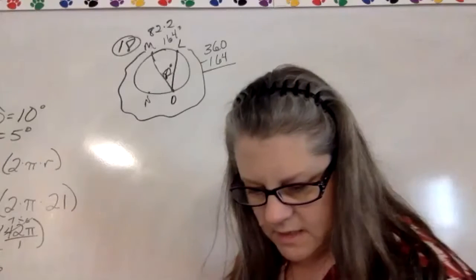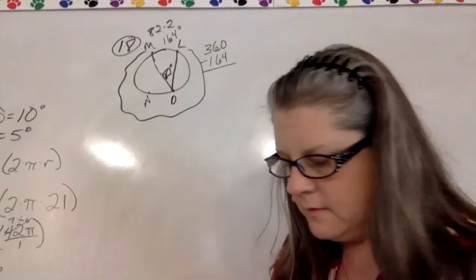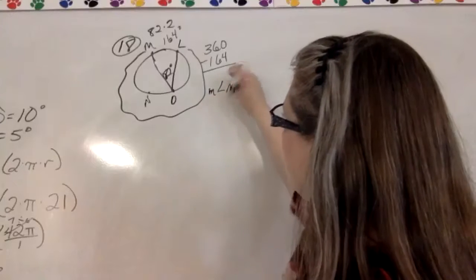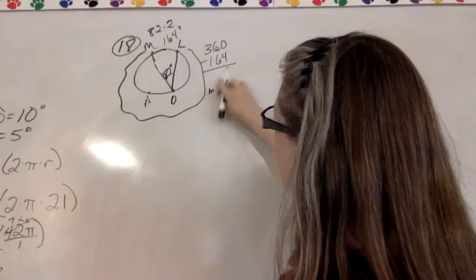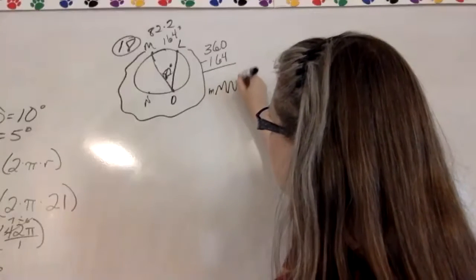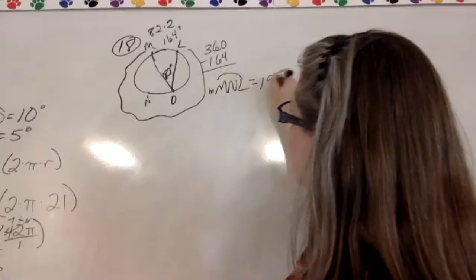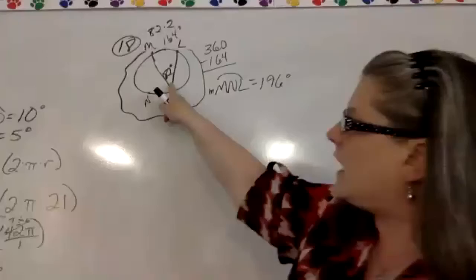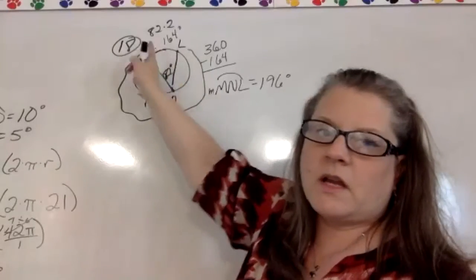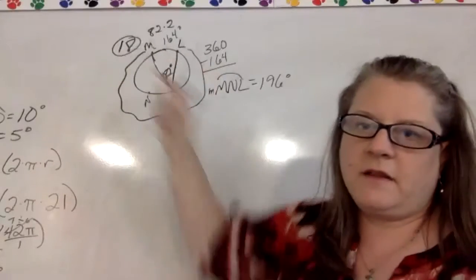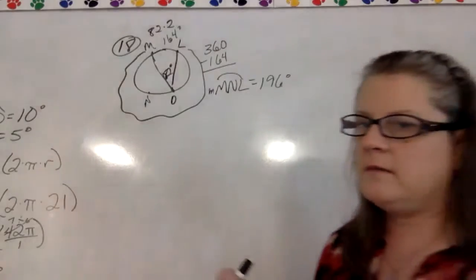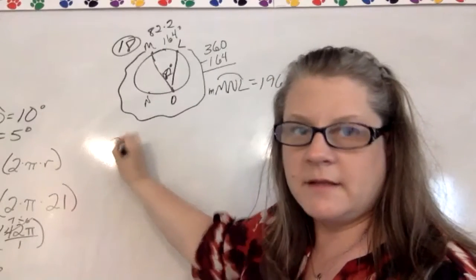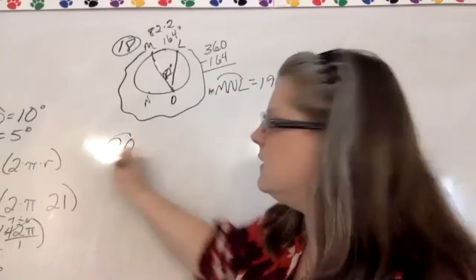And so it's going to be measure of arc, not angle, measure of arc MNL. It's going to be 196 degrees. You have to take the angle, double it to find this arc, and then subtract from 360 to find the rest of it. Okay? Yes? You got it?